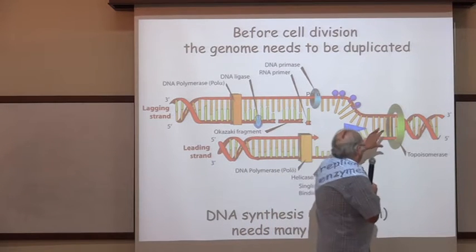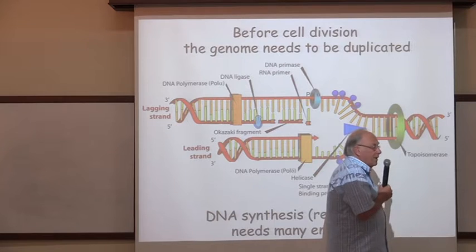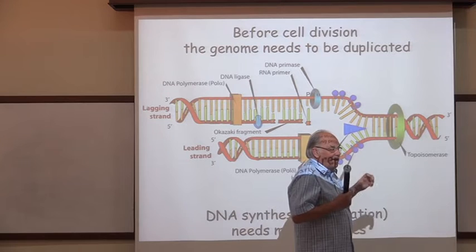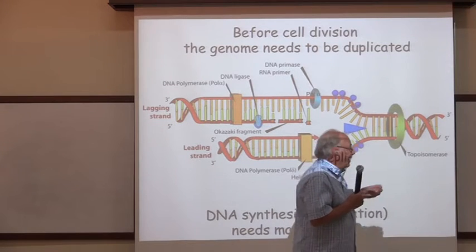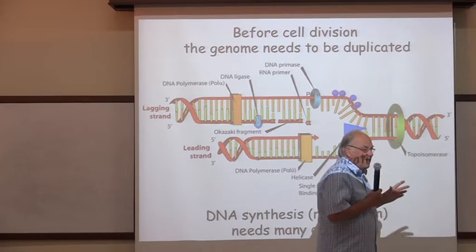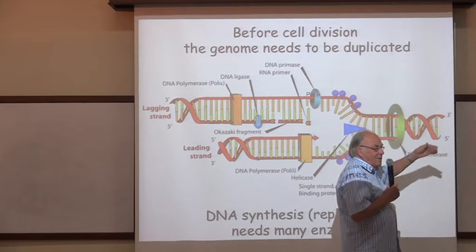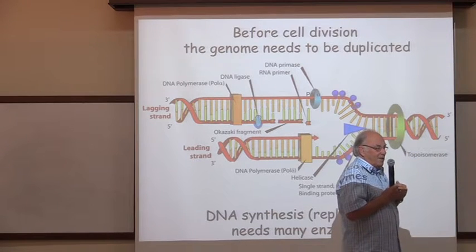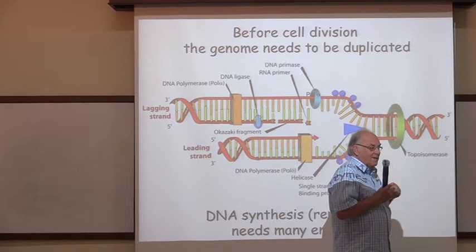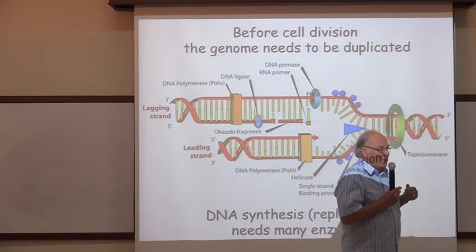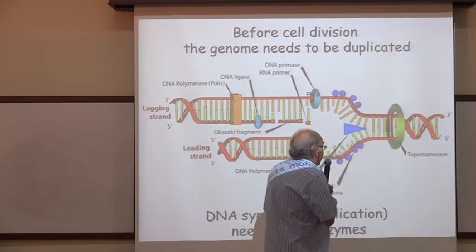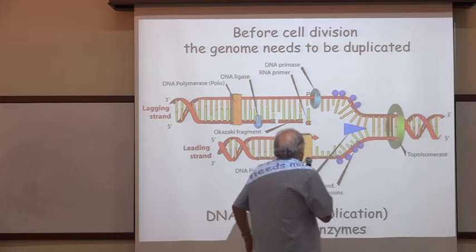Then you have over here an enzyme called topoisomerase, because if you now start to pull the two strands apart, then you will generate super winding of the DNA beyond. And this enzyme then is cleaving one of the strands and letting it spin and then closing it again. Or in some cases, the topoisomerase will cleave both strands and let the whole thing pass through each other, and I'll show you in a moment how that is done, and then reconnecting the strands.